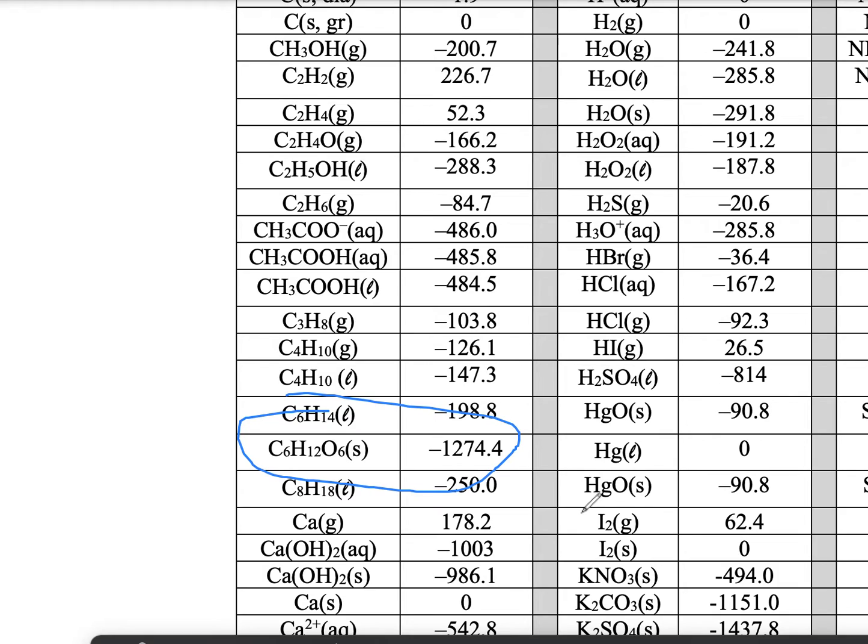But what happens, Kristen, is when I use different textbooks or different sources, so you said it was minus 1263.62. And what you will see is, and I apologize for this, sometimes I use slightly different sources and they have similar but not quite the same values.